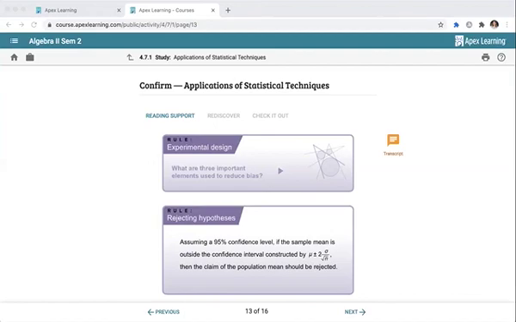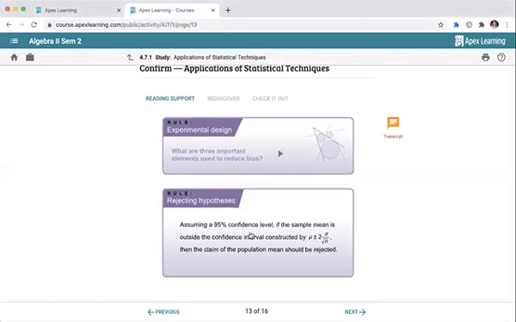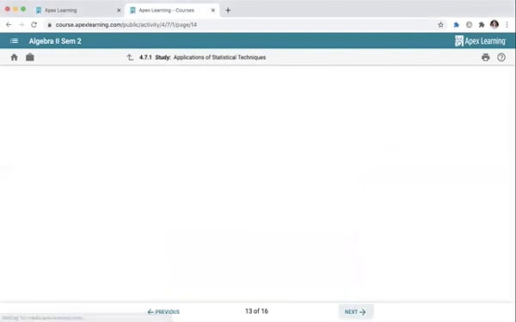Obviously, that requires us to calculate our standard deviation first, and then look at our average value, or the value that's reported out by the company. So that's really the summary of this here.